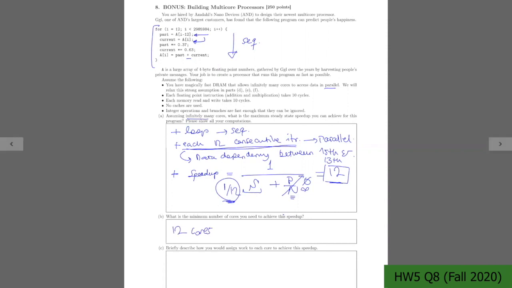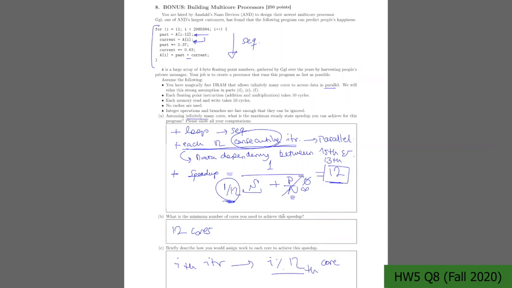Briefly describe how we would assign work to each core to achieve this speed up. The goal is to assign consecutive iterations to different cores. So each ith iteration needs to go to the (i mod 12)th core. That will be the solution for these parts.